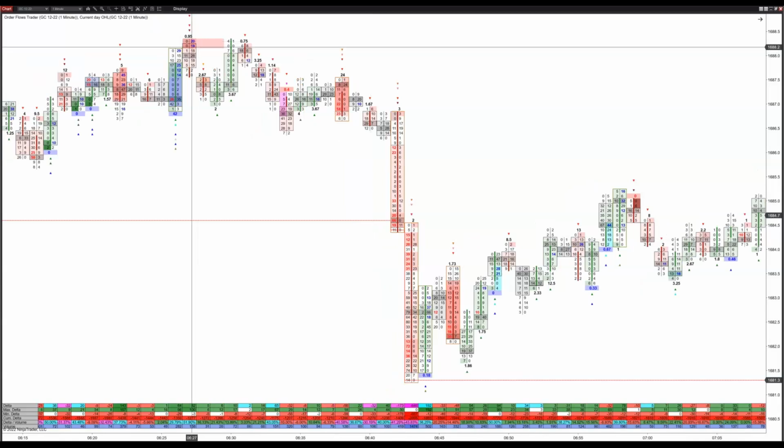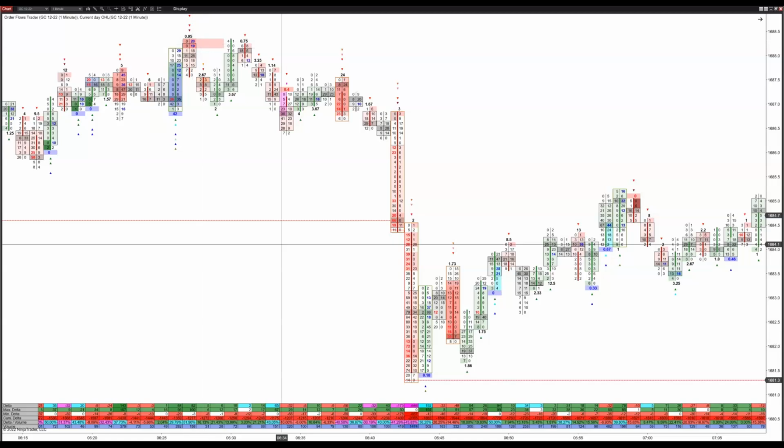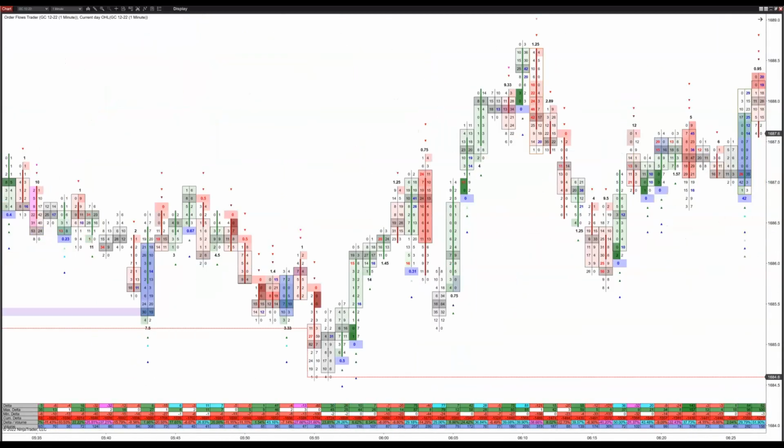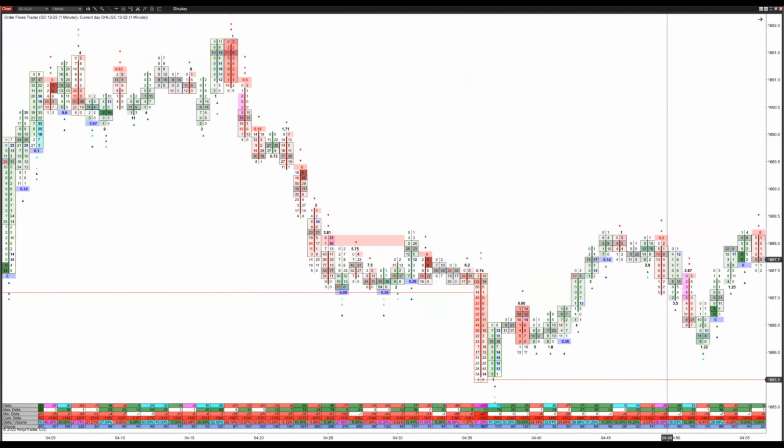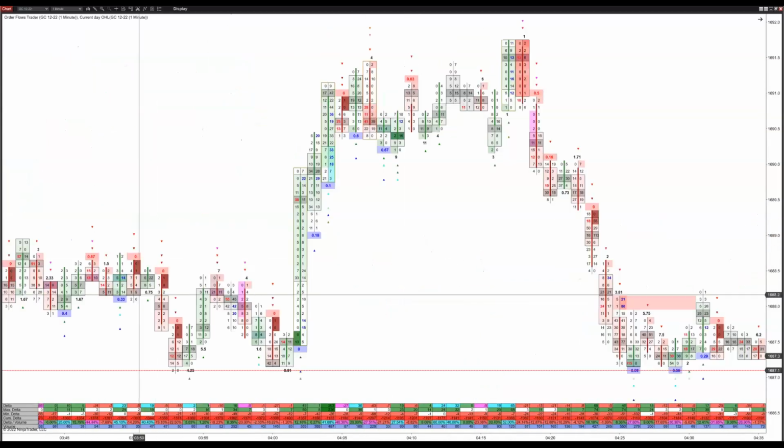Buying imbalance at the top of this red candle, and this is a nice setup for these markets that sometimes have a lot of volatility, but it's also a sign of supply coming into this market. This market's selling off, and you can see people are offering it down. You got this 34 lots, the 21, the 80 supply coming into the market to keep this market from coming back up. When it comes back up, it gets sold back down, right?